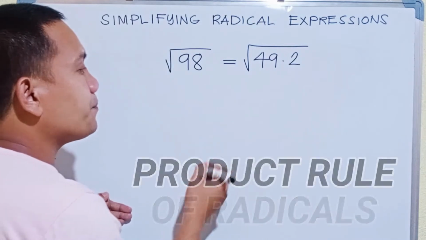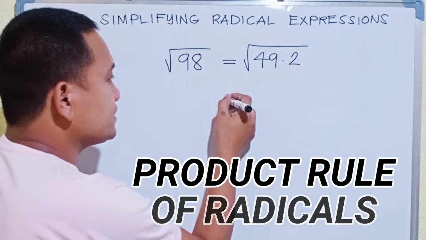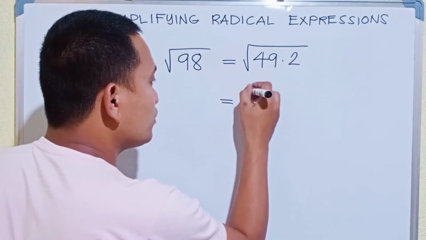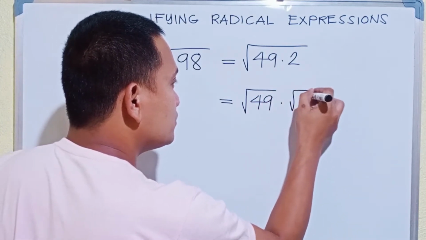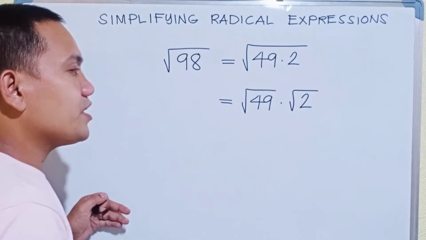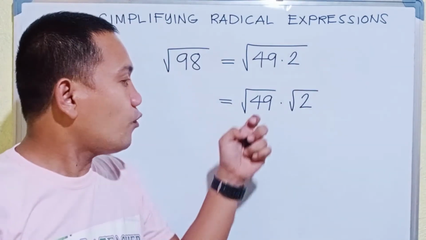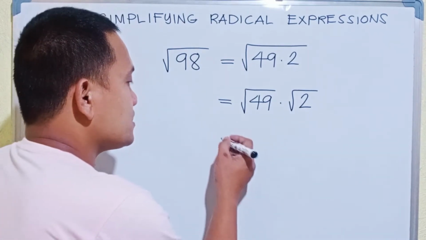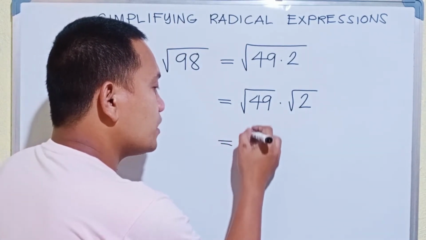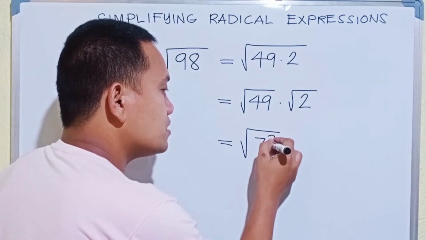Applying the product rule of radicals, this can be written as square root of 49 times square root of 2. To simplify this expression, we will make 49 into exponential form. Since it is a perfect square, we can write this as 7 squared.